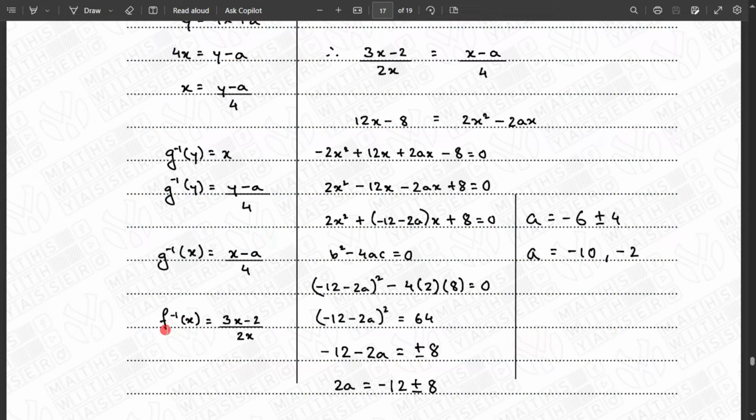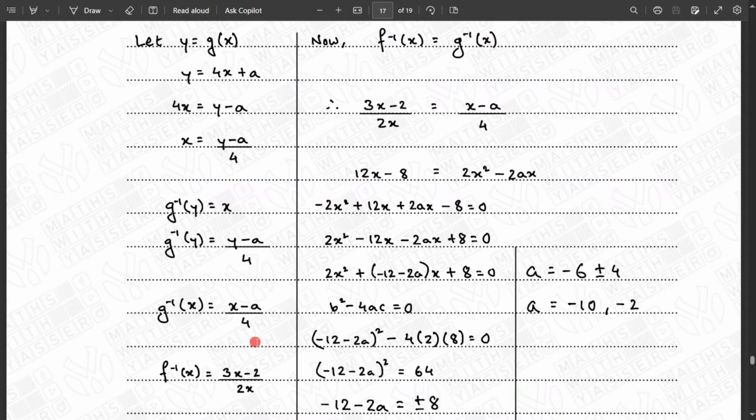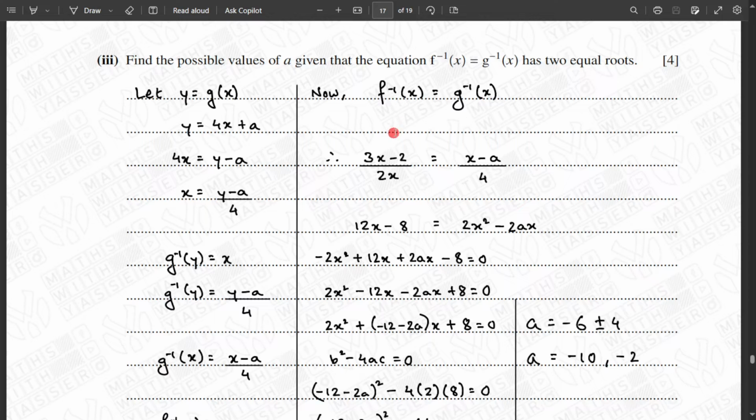And we already know that f inverse of x is (3x minus 2) over 2x. According to the question, f inverse of x is equal to g inverse of x. Therefore, (3x minus 2) over 2x is equal to (x minus a) over 4. If we cross multiply, we will get 12x minus 8 is equal to 2x squared minus 2ax.